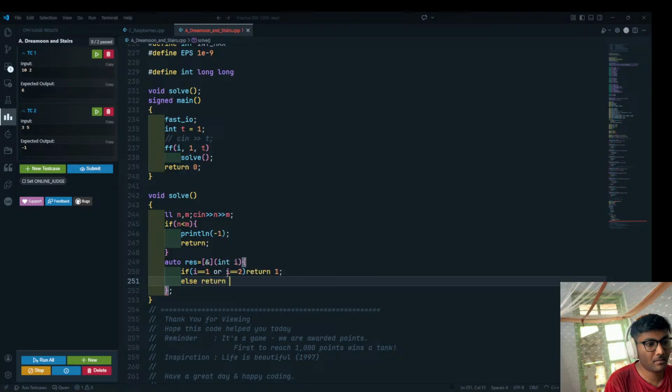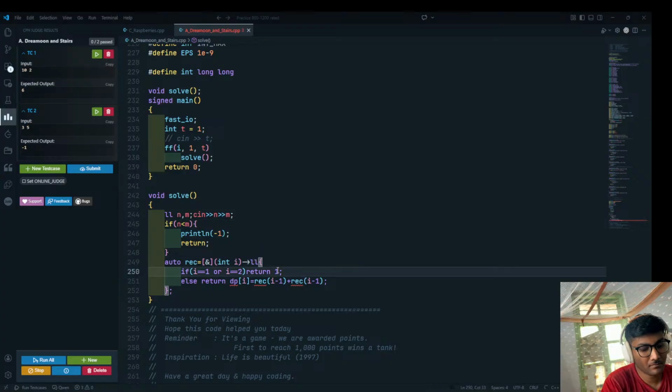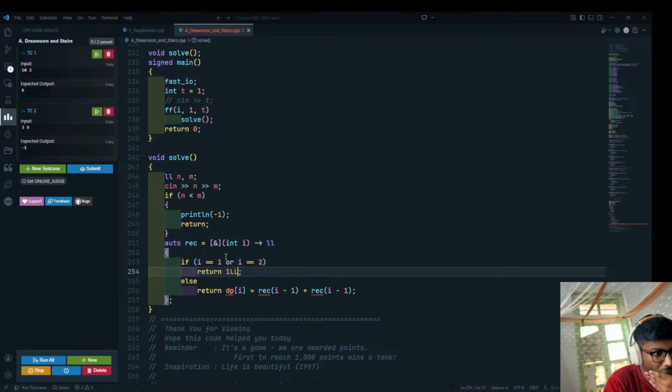Otherwise, rec of i minus 1 plus rec of i minus 2, or dp of i probably.